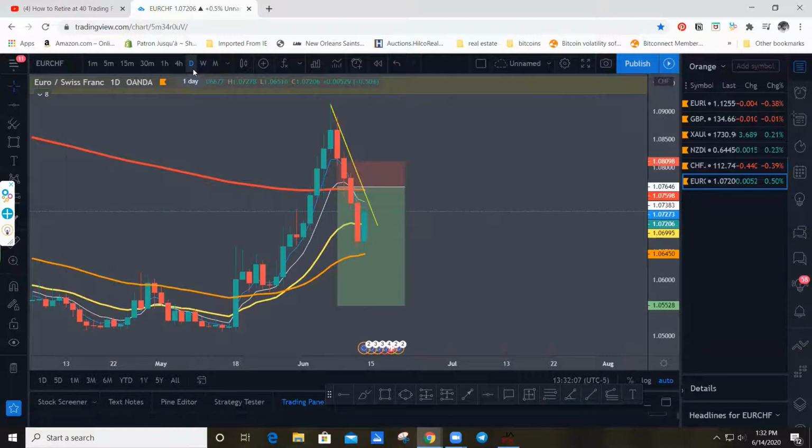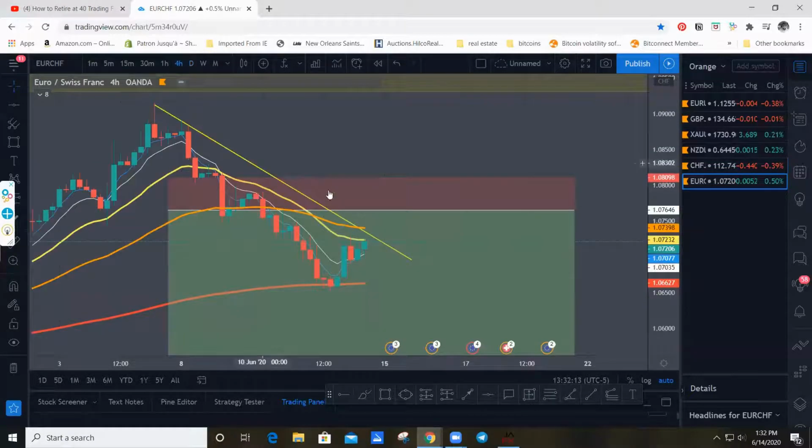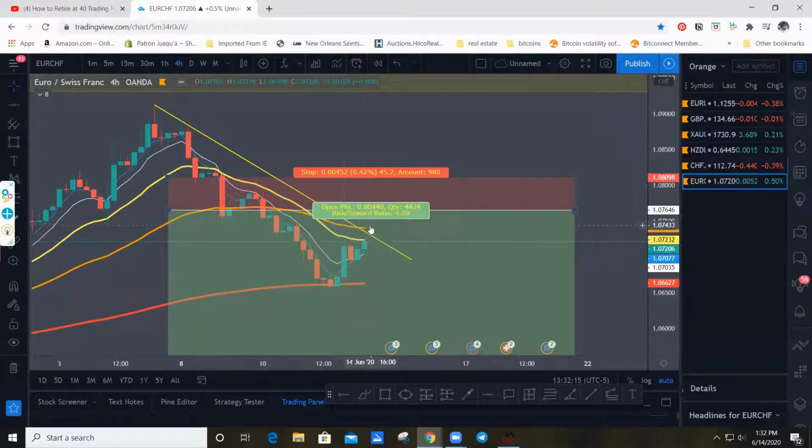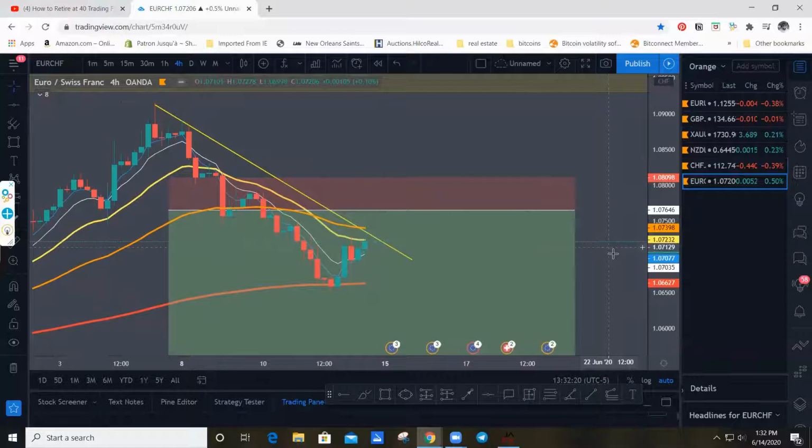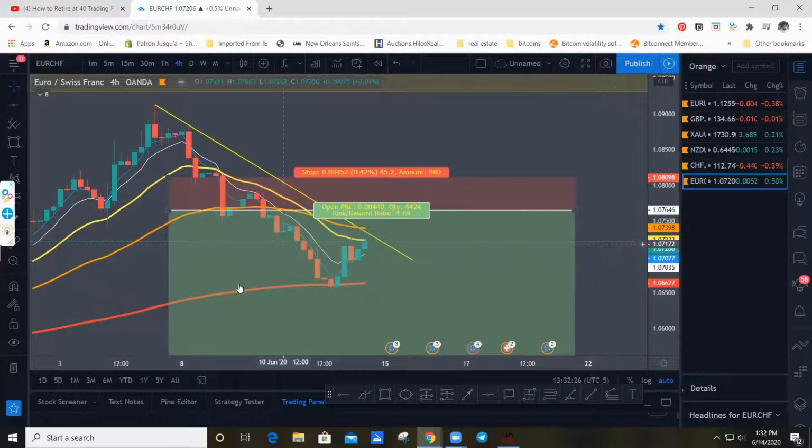So I could see it push down a little bit before it continues to come and touch this before it comes back down. So another one to watch, not getting in just yet. We caught this trade, huh?